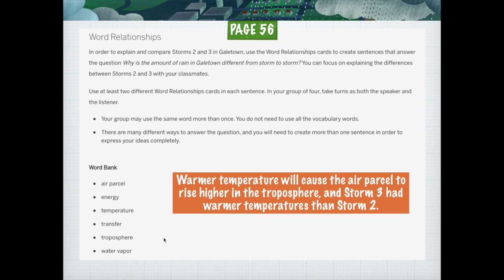And if it cools more, it has more rain, more liquid water. So it's going to produce more rain. I'm going to try to create as many sentences as I can, because this is going to help you write your CER to try to help explain why warmer weather can cause different amounts of rain in a storm.